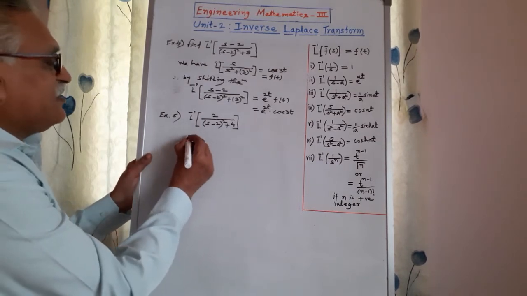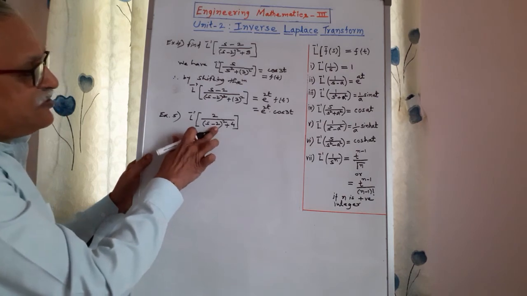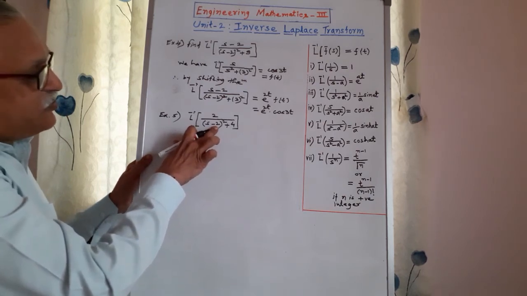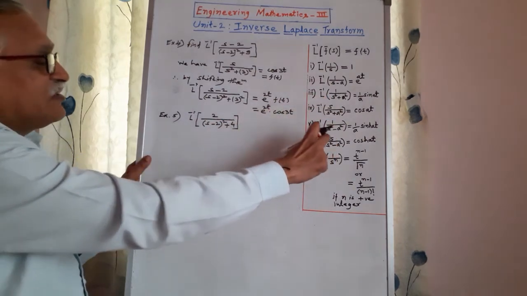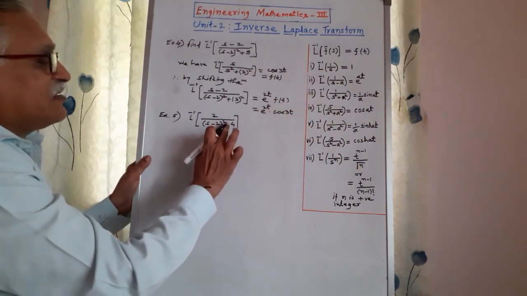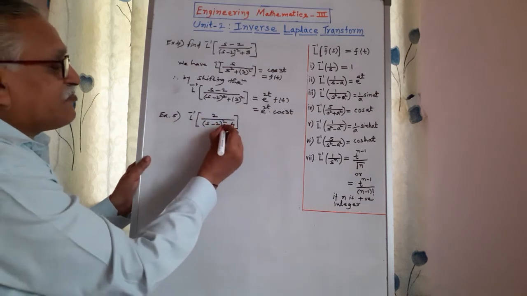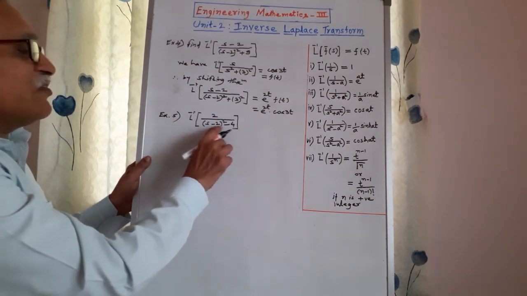Therefore, first of all, neglecting that 2, it becomes 1 upon s square plus a square. Consider here minus. Therefore, it is s square minus a square.